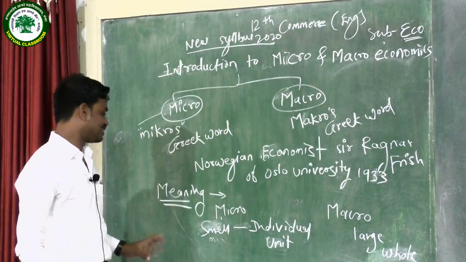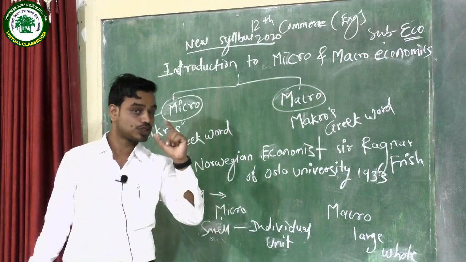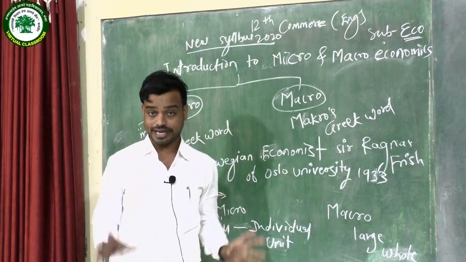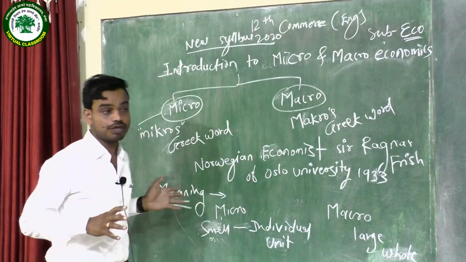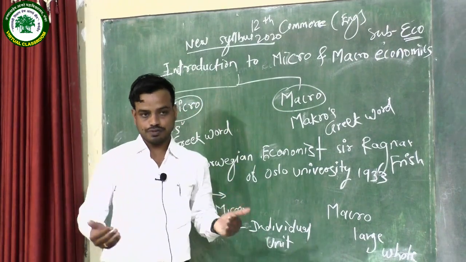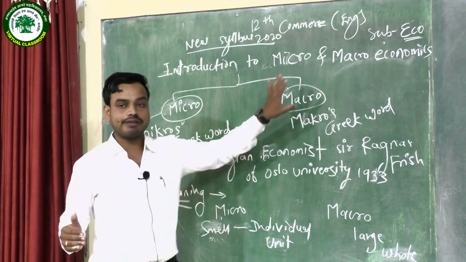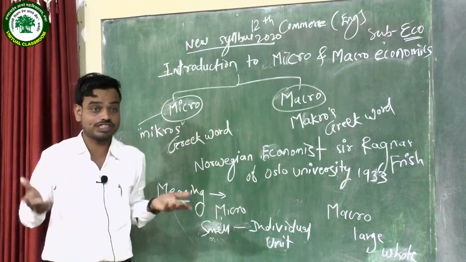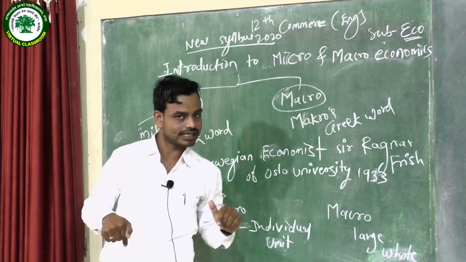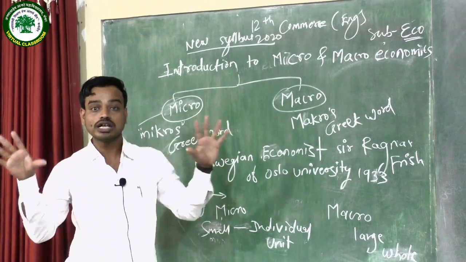Now if we think about the meaning, what is the meaning of economics, what is the meaning of microeconomics, what is the meaning of macroeconomics. Some time ago we remembered that micro means small and macro means large. So what is small? If we think about the society, in the society there are two contents: the individual unit and the whole.